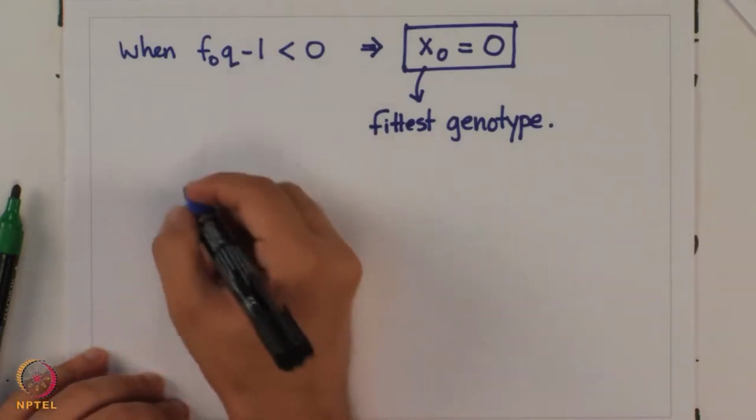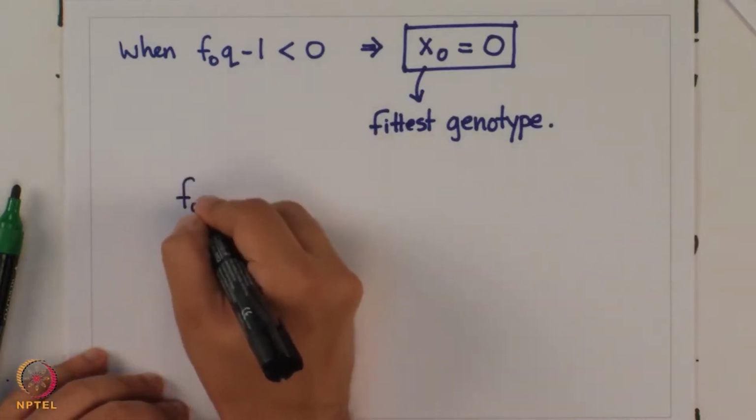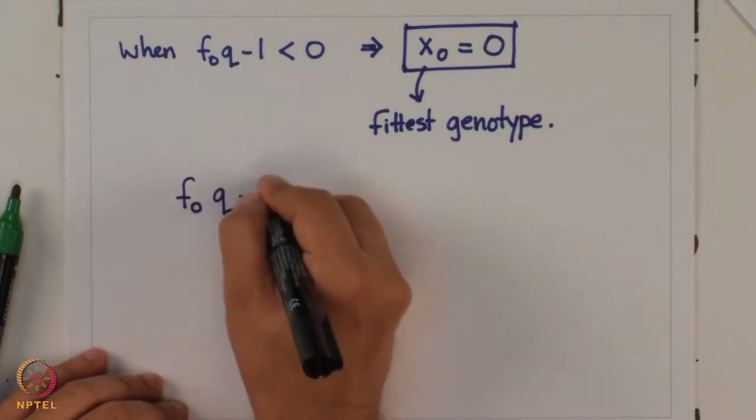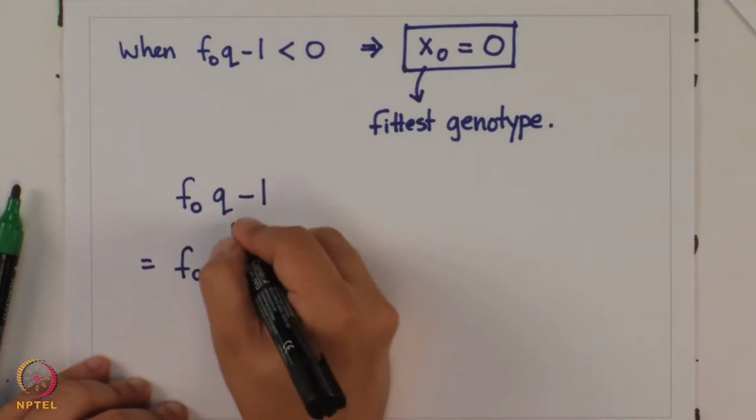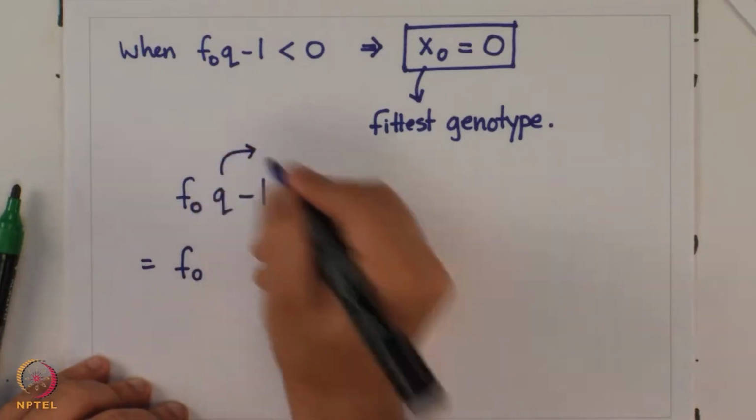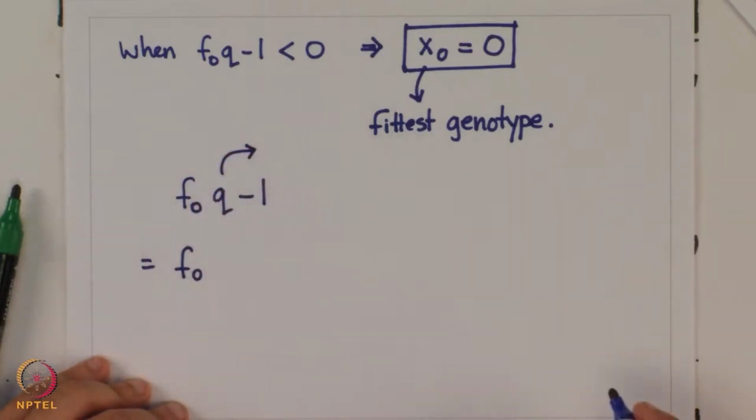What is happening? F naught times q minus 1 can be written as f naught into the expression associated with q.